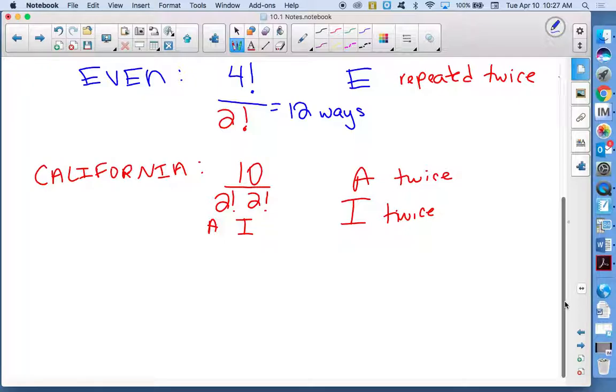Does anybody have an answer? Why does 10 have a factorial? It does. I missed it. Caitlin, what do you have? 907,200. I got 36. Yeah, that's what I got too. Did you divide it by 4?